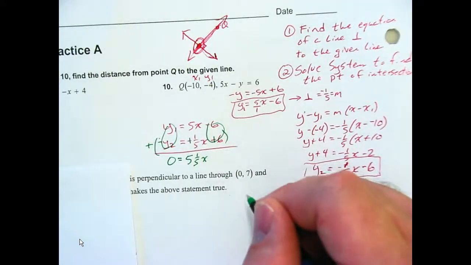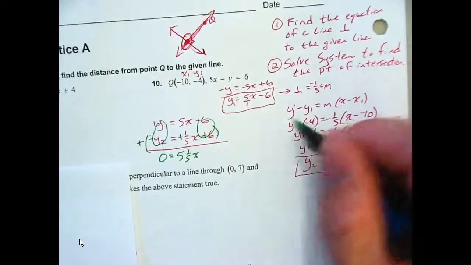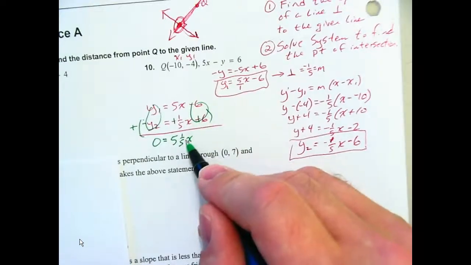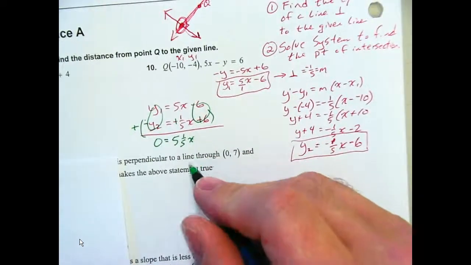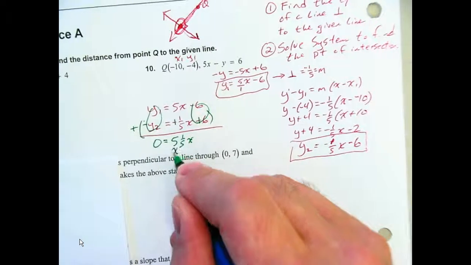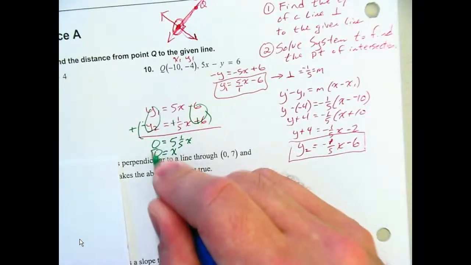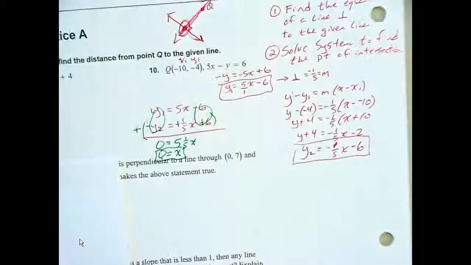What's x? So 5 1/5 times what gives me 0? 0. So x has to be 0. So if x is 0, what's y? Y is what? Negative 6.